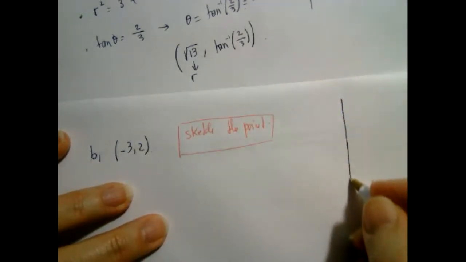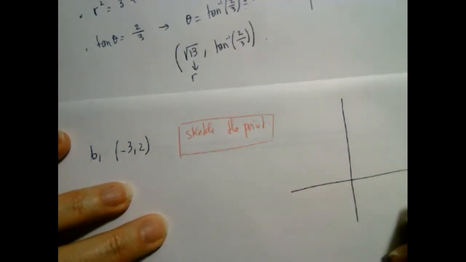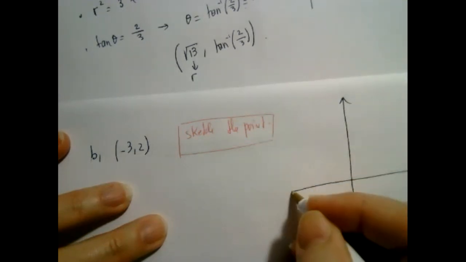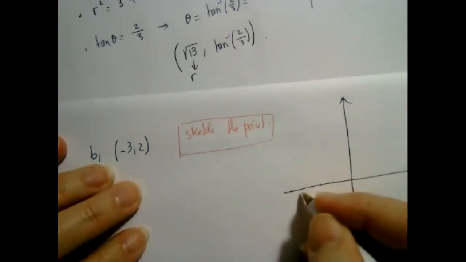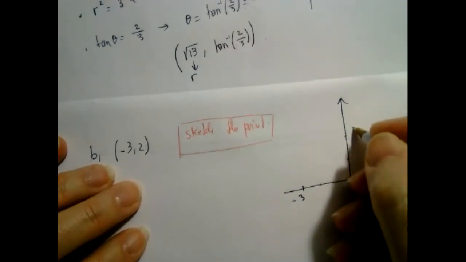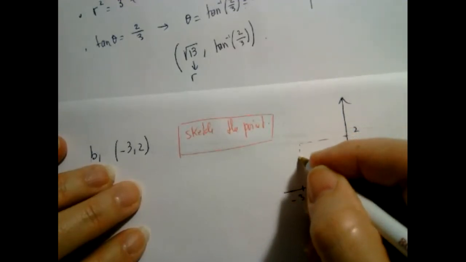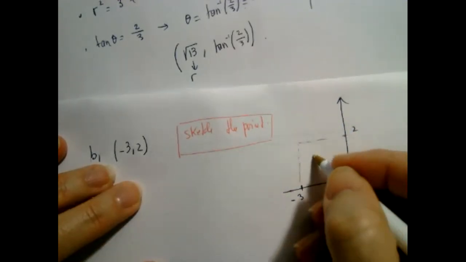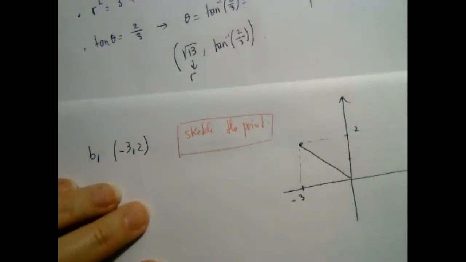Okay, so this is my point here, -3 and 2. That's the point right here, and that's the theta.